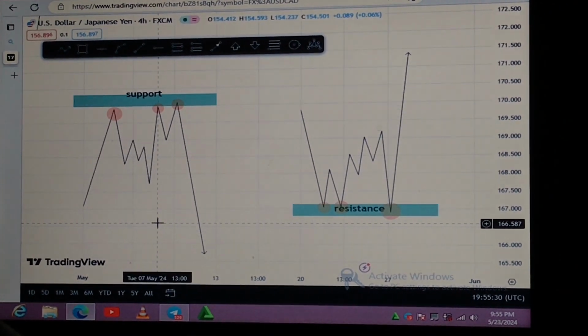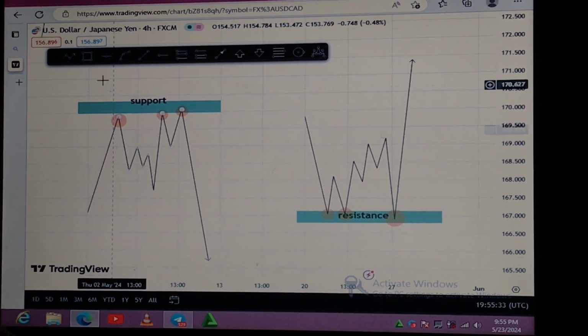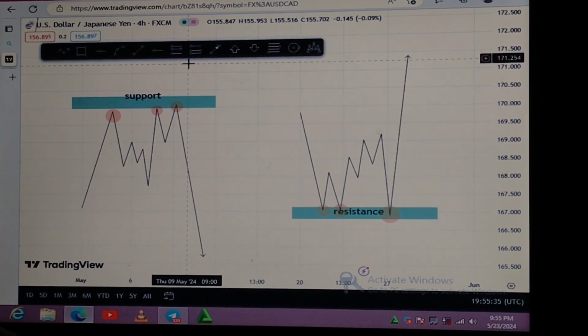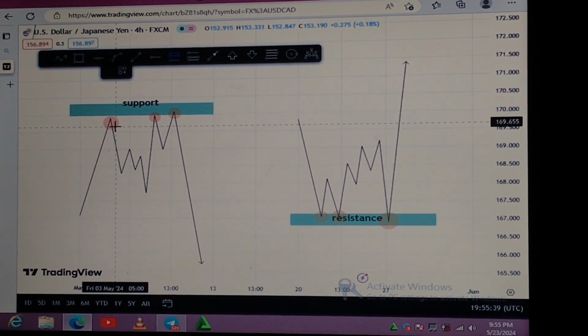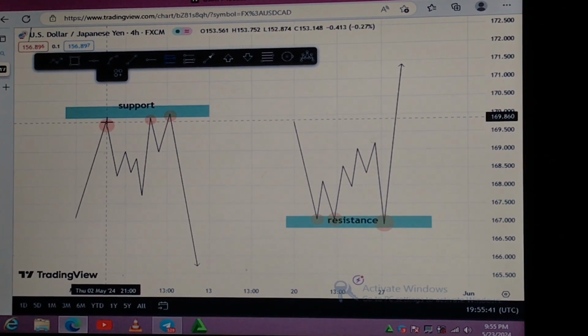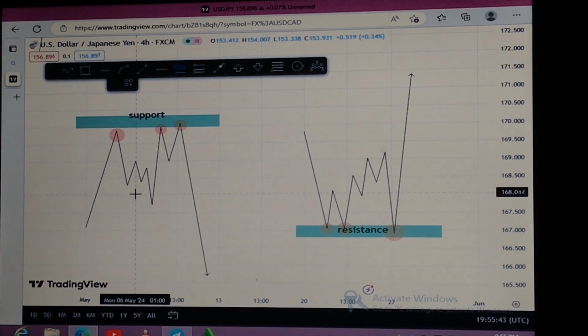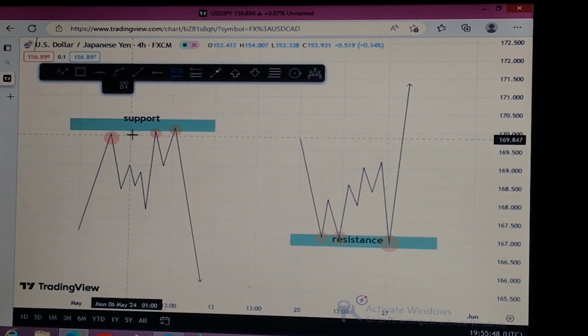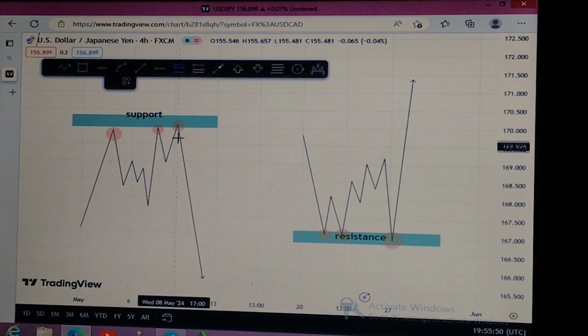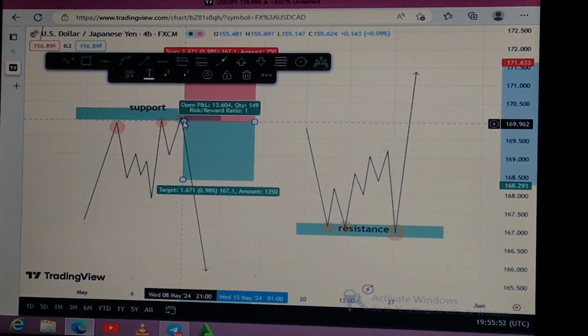So every time the market comes to this point, you're going to look to take your entries. The market pushed up and rejected, this was your time to take an entry. Let's say you missed it, it's cool, it goes back down and then comes back. As soon as it comes back again, it created a double top. This is your first confirmation.